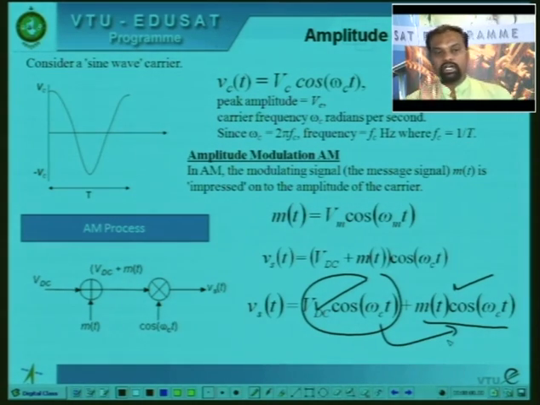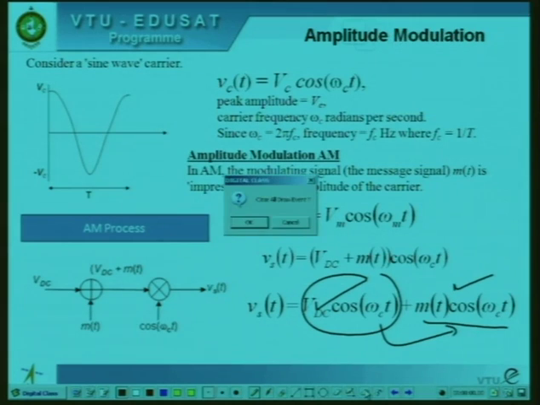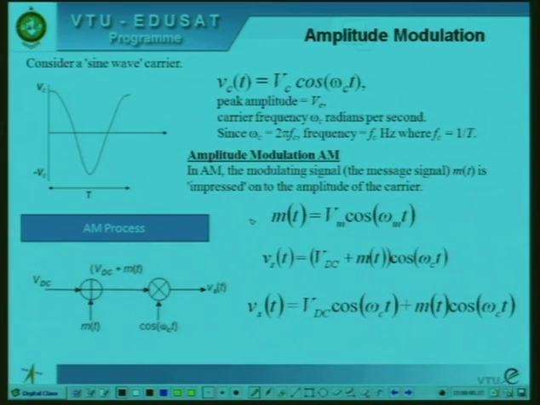So if they ask you what is amplitude modulation, the expression we write is this: Vs of t equals VDC cos of omega ct plus m of t cos of omega ct. The first term is the carrier term, the second term is the modulated carrier.